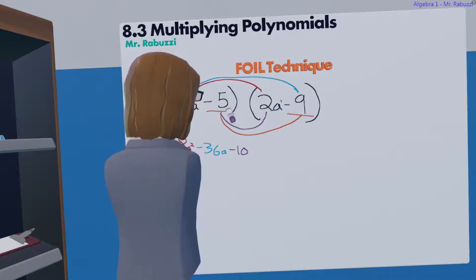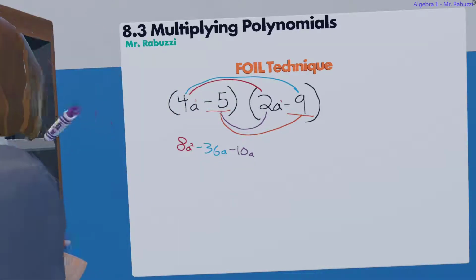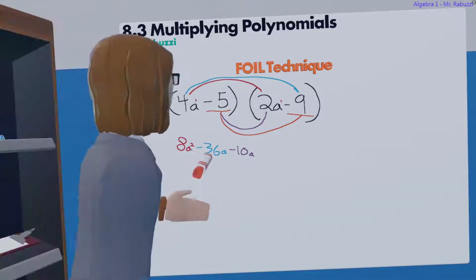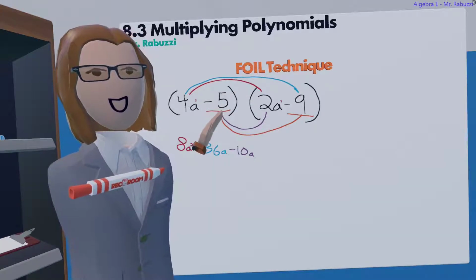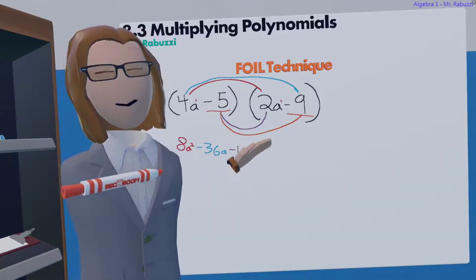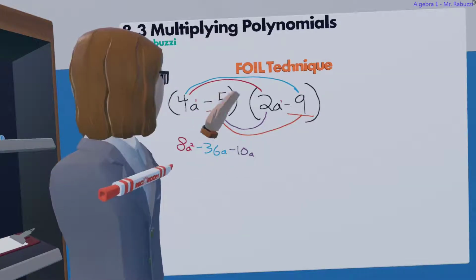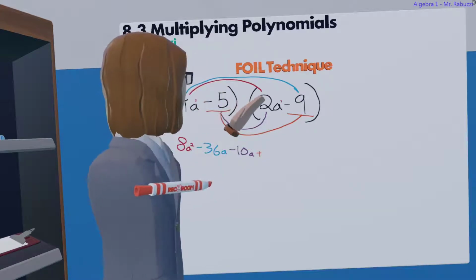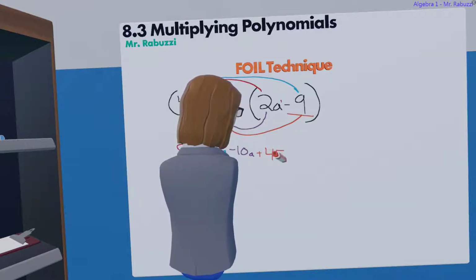And A times empty stays A. All righty. And finally, the orange line. This is our last, L for last. So the last piece of this parentheses times the last piece of this parentheses. Negative times negative is positive. 5 times 9 is 45. Okay.